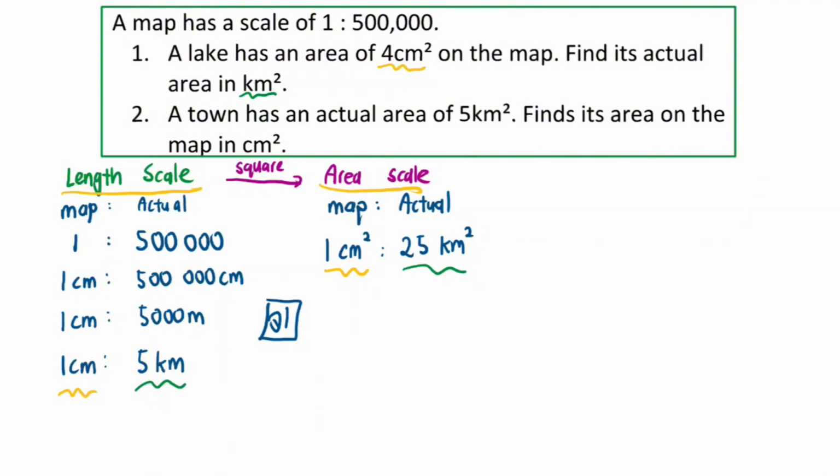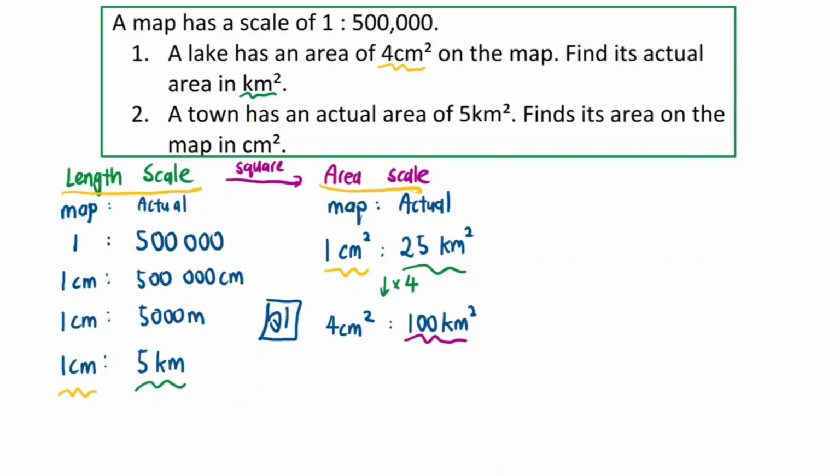What we need to do now is, for the area on the map, we need to turn it into 4 cm square. To do this from this area scale that we have here, we just need to multiply by 4. And then for the actual area, we will get 100 kilometer square, because 25 multiplied by 4.